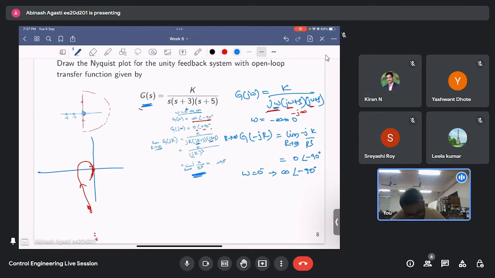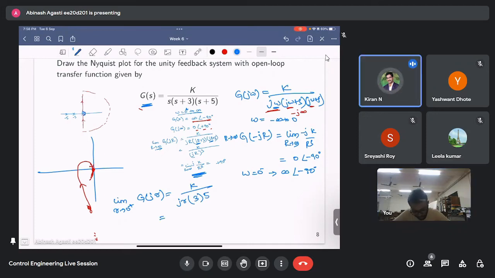Let's plug in the value gj omega, small r, limit r goes to 0 plus, is equal to k by jr into 3 into 5, at an angle plus 270. Which one? Minus infinity, sir. Minus infinity will be 0 at an angle plus 270, which is minus 90 degree, correct?